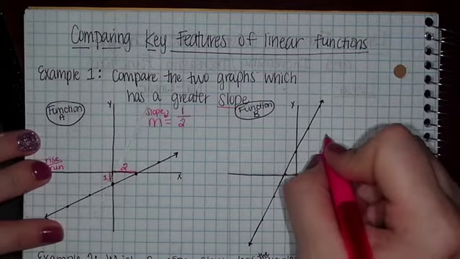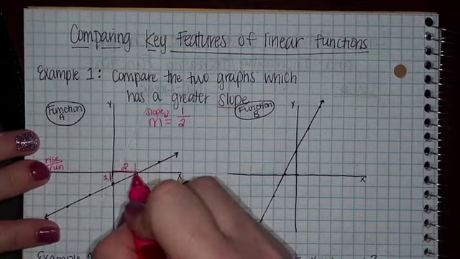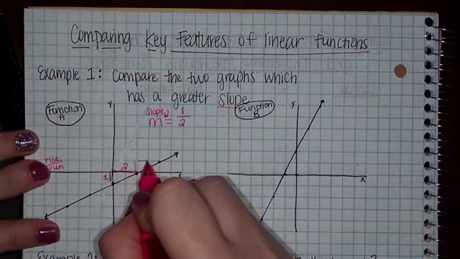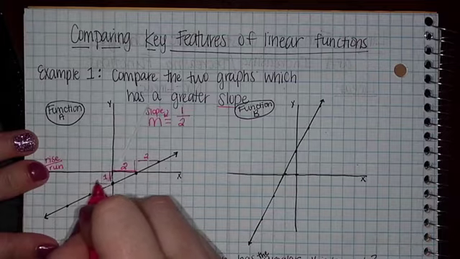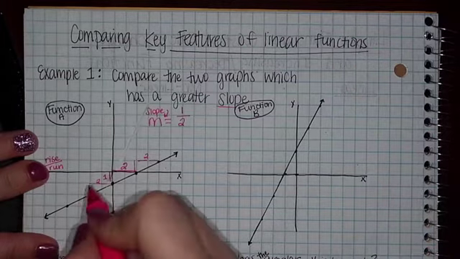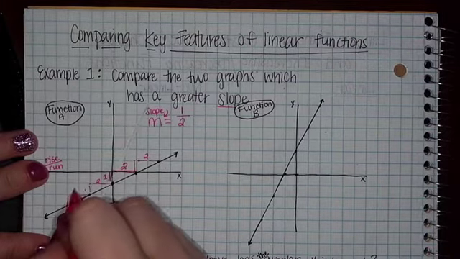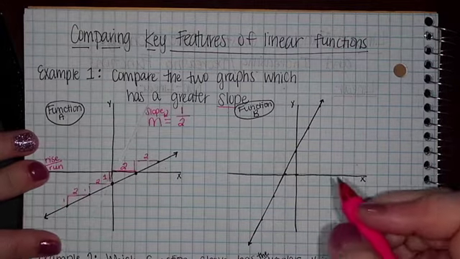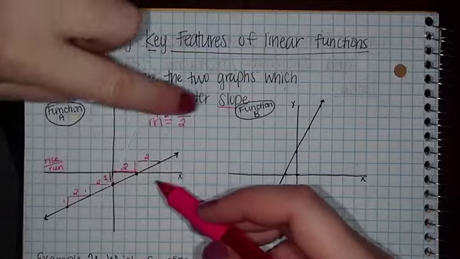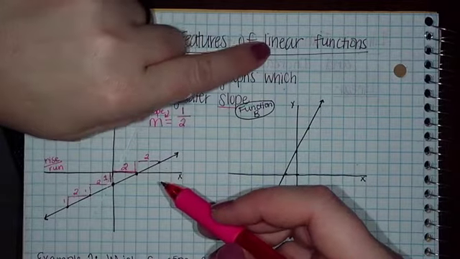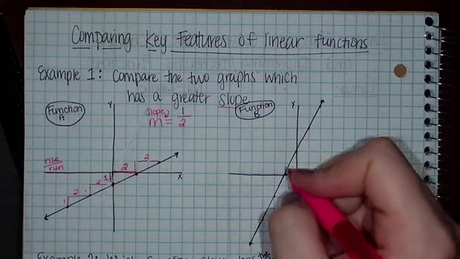This one, and you remember it has to be constant, so that's 1, and then 2. This one is 2 and down 1. If I'm going backwards, 2 and 1. So those are all consistent, they're all constant, so we know it's a linear function right there.